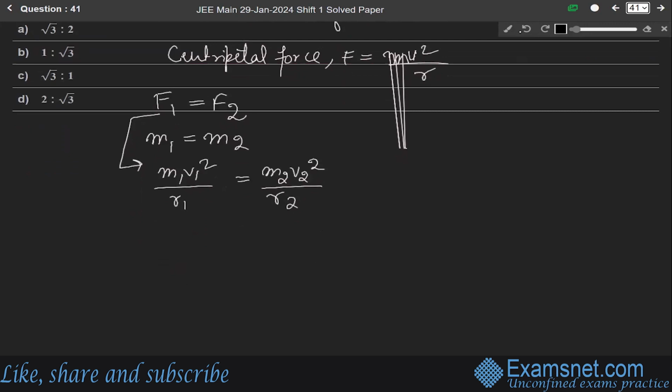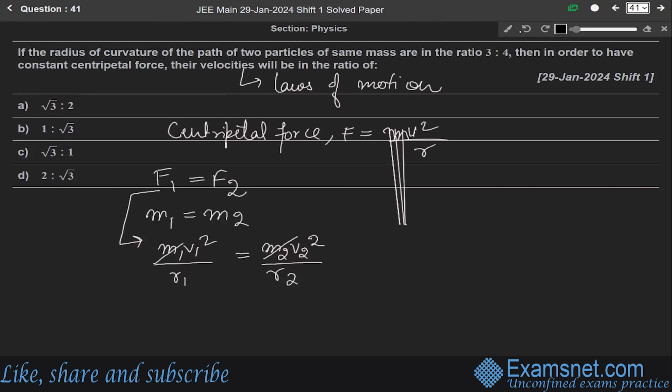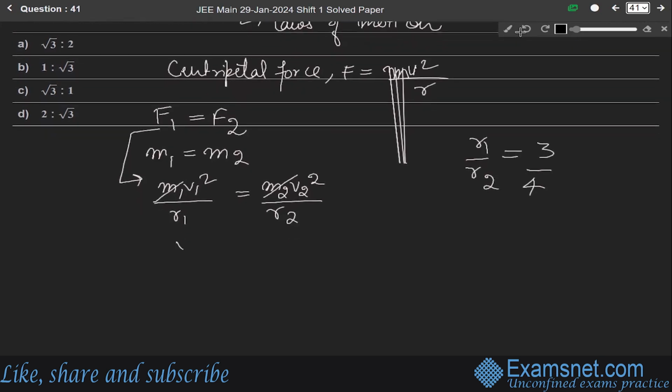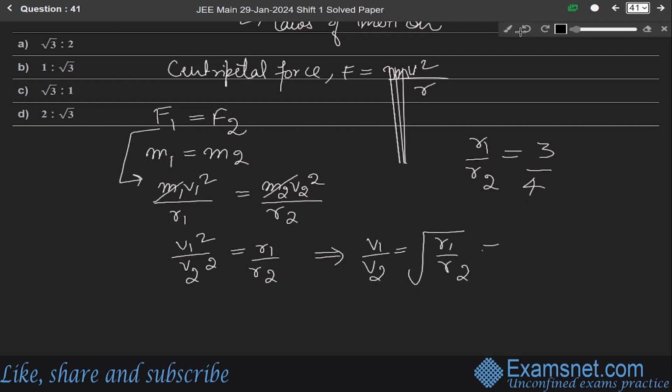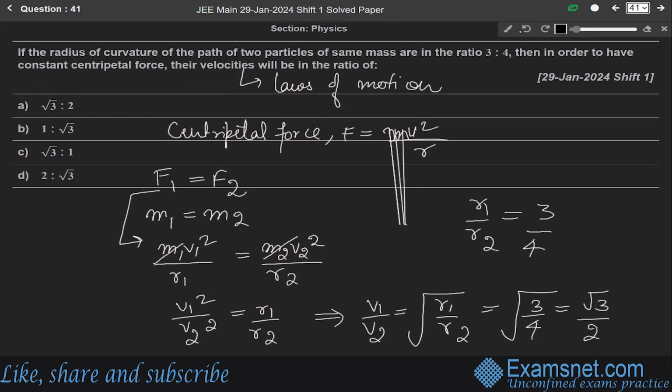Now the masses are the same, so M1 and M2 cancel out, and R1 over R2 equals 3/4. So V1 square over V2 square is equal to R1 over R2. This implies that V1 over V2 is equal to the square root of R1 over R2, which is the square root of 3/4, meaning root 3 over 2. So the correct answer is root 3:2, option A.